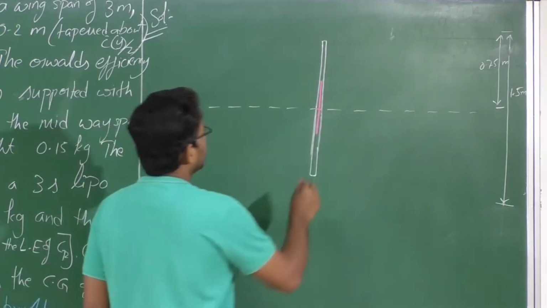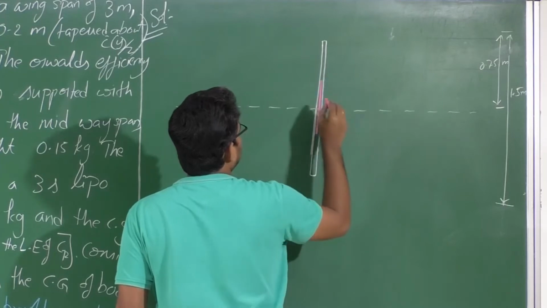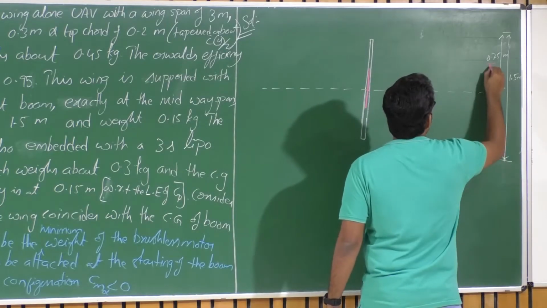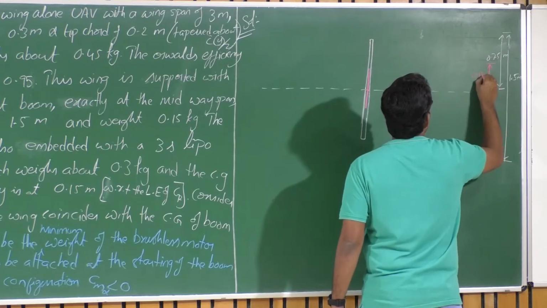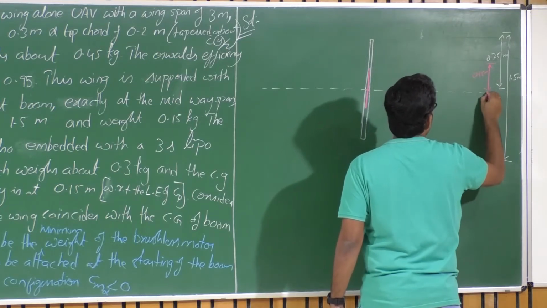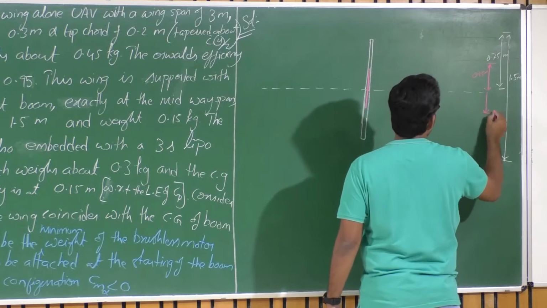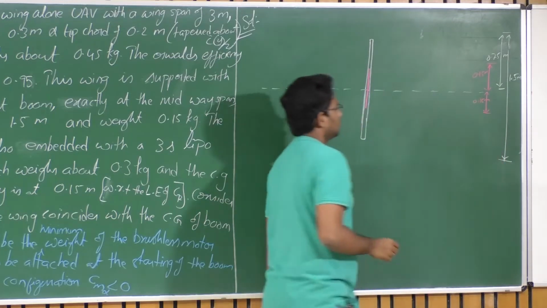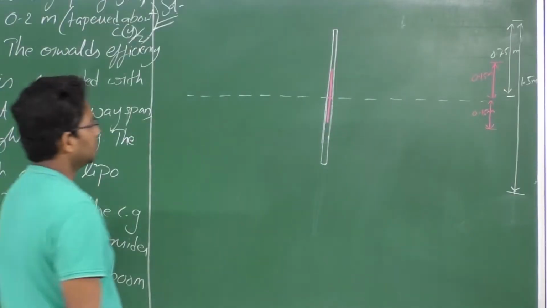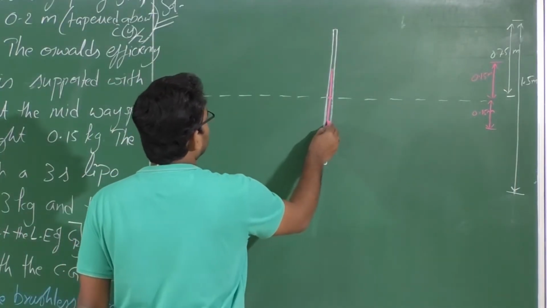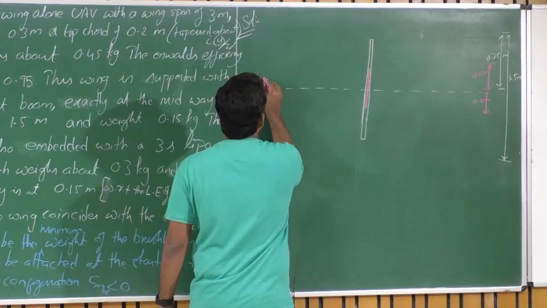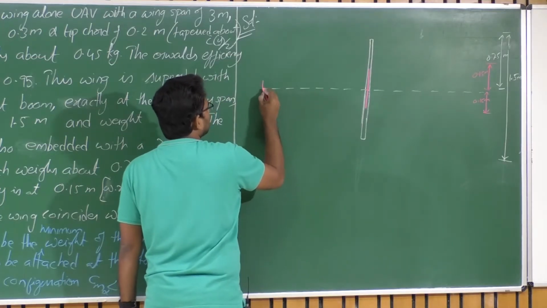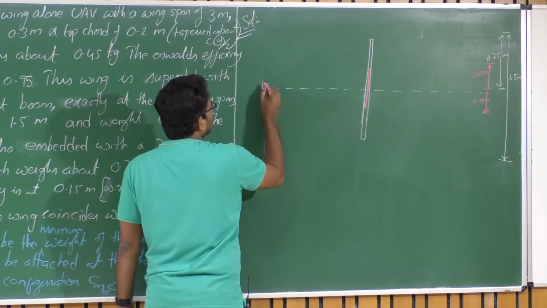The root chord is 0.15 meters ahead and 0.15 meters behind the taper axis, which is a total of 0.3 meters. This is my root chord c_r, and the tip chord is tapered about the same axis, with 0.2 as the total chord.